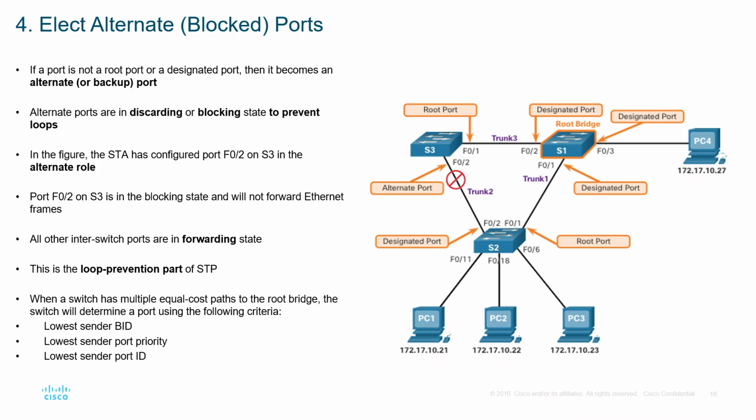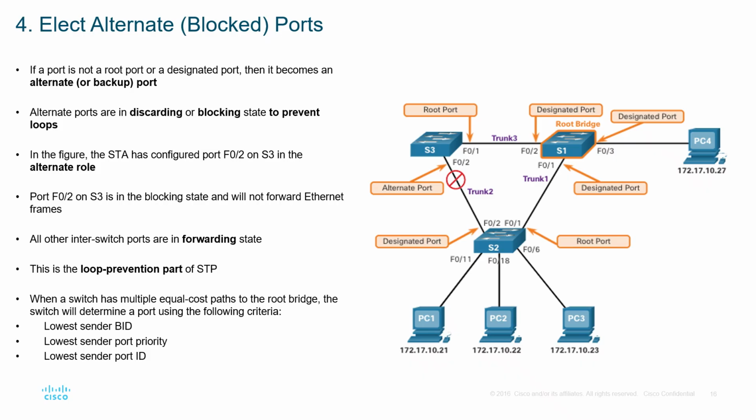So in this figure, the algorithm has configured port 2 on S3 in the alternate role. Port 2 on S3 is in the blocking state and will not forward Ethernet frames. All other inter-switch ports are in the forwarding state. This is how the loop prevention part of STP works.